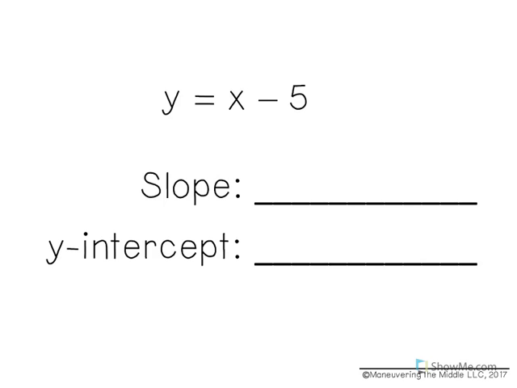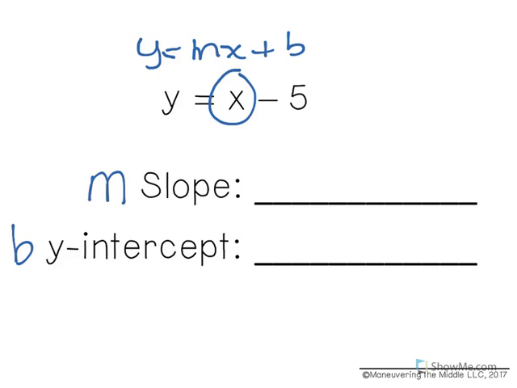Okay, so when you see an equation, I always like to write the slope-intercept form: y equals mx plus b. Your slope is your m, and your y-intercept is your b. So my slope, I am going to be multiplying x by this number.